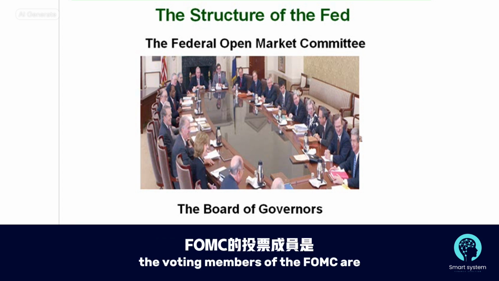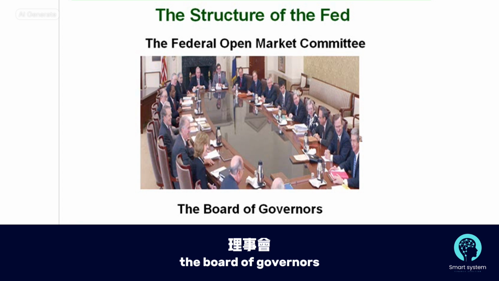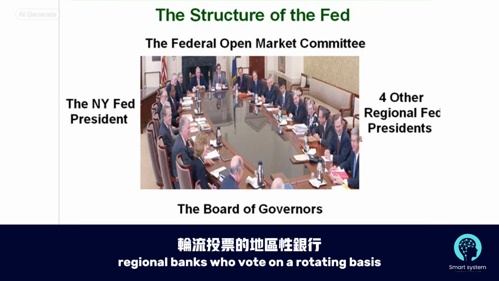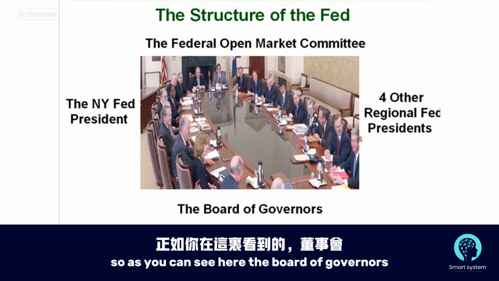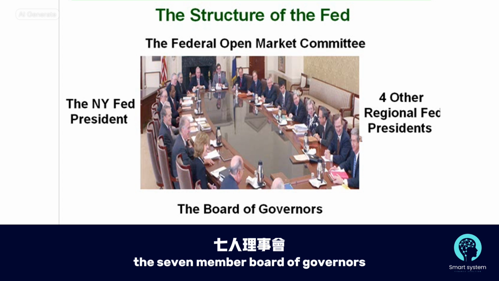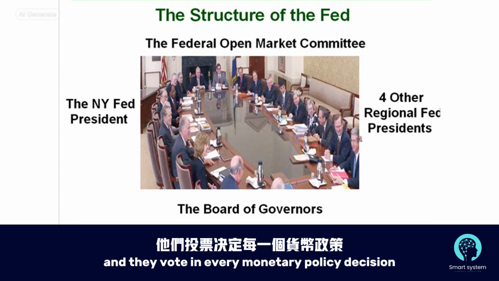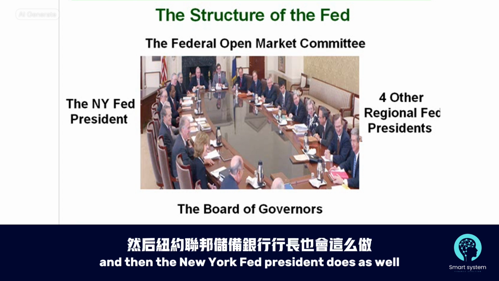The voting members of the FOMC are the Board of Governors, the President of the Federal Reserve Bank of New York, and the 4 presidents of other regional banks who vote on a rotating basis. So as you can see here, each one of the 7 members of the Board of Governors has a vote, and they vote in every monetary policy decision. And then the New York Fed president does as well.